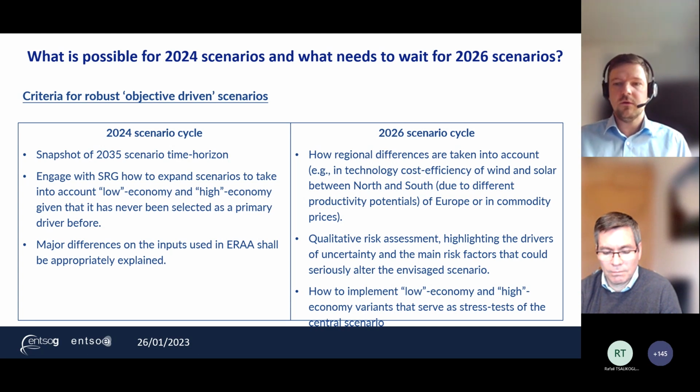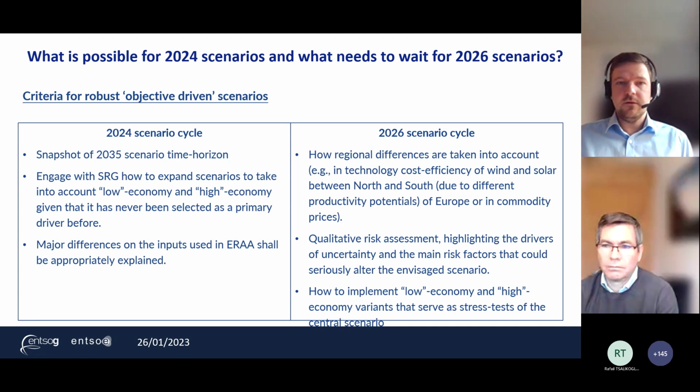So we're looking rather at centralization versus decentralization, at other main drivers, but that's something we have to discuss with the SRG, also to see how to incorporate this element in our scenario building process. And we will explain major differences in the inputs used in the ERA process on the ENTSO-E side and the scenario building process performed by the NSOC and ENTSO-E.